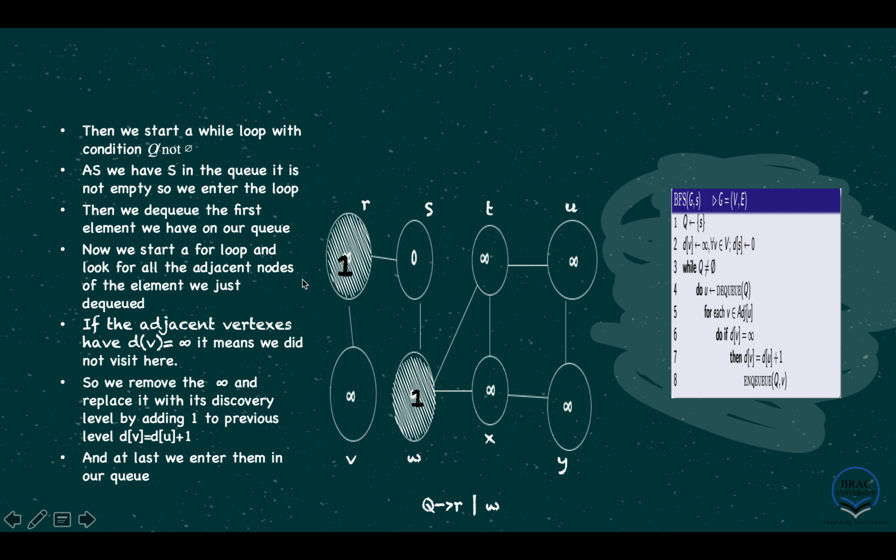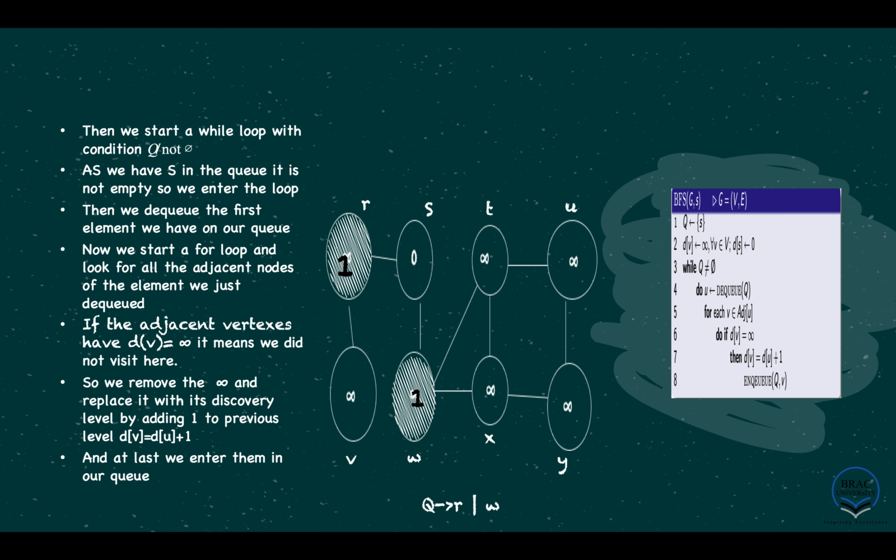We then start a while loop with the condition Q not empty. As we have S in our queue, it is not empty, so we enter this loop. Then we dequeue the first element, which was u in our case. For our case, u was S because S was our source.